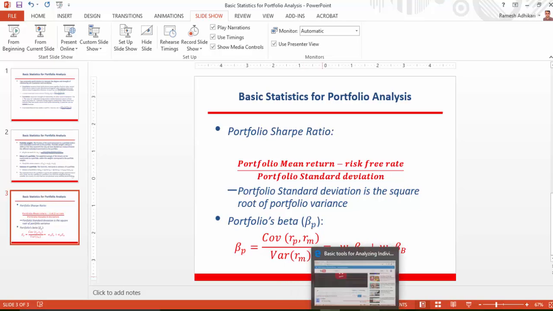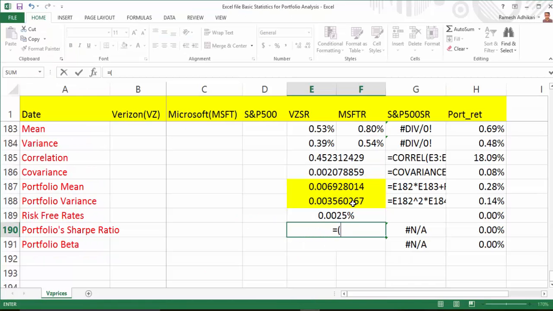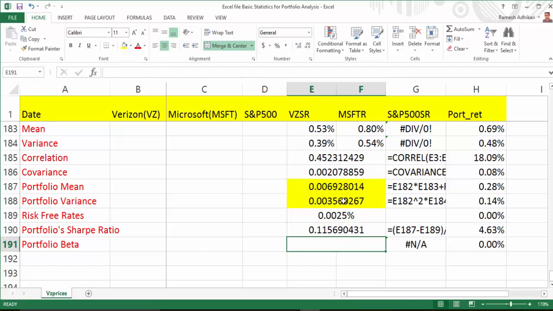So your portfolio mean minus the risk-free rate over the standard deviation of the portfolio, which is the square root, SQRT, of the portfolio variance. And that gives us the Sharpe ratio, which is 0.1156.